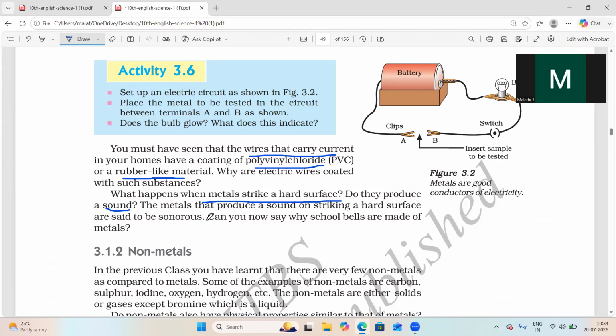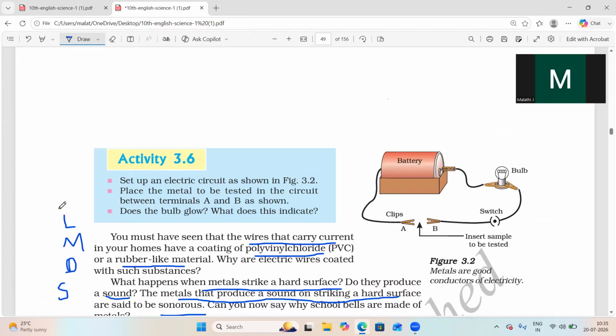Yes, a metal produces a sound when striking a hard surface, and that is called sonorous. Above we studied lustrous, malleability, ductility, and now sonorous: metals produce a sound when they strike hard surfaces.